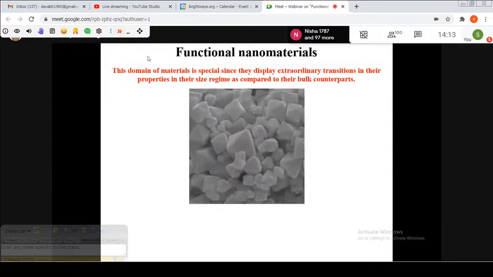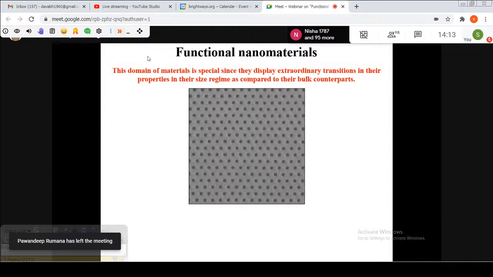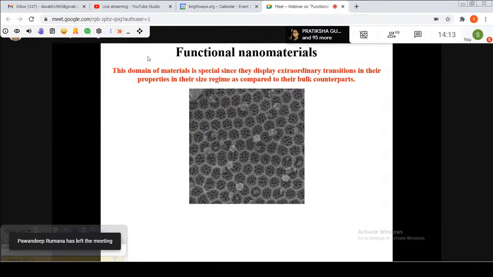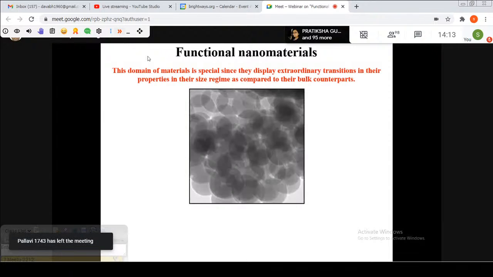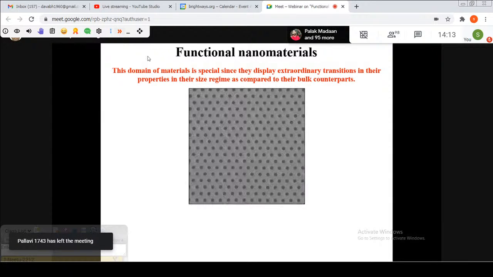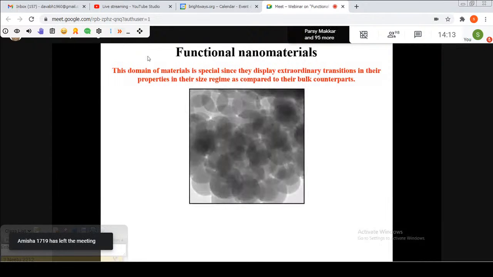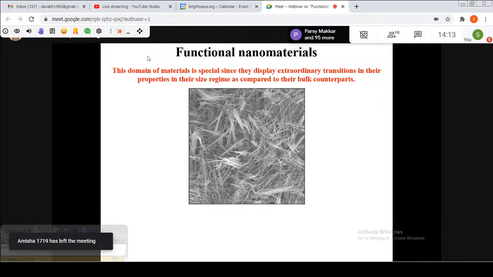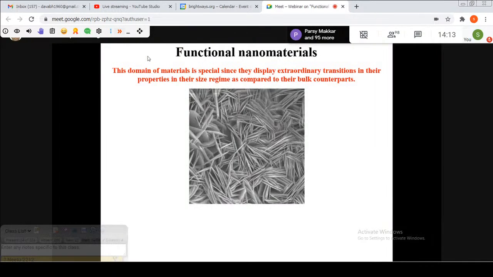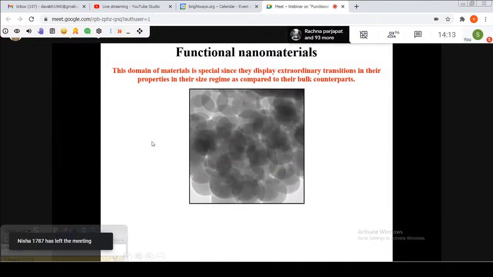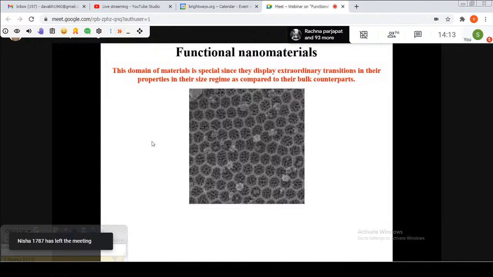So as I already told, functional nanomaterials means it's not one kind of material, but it depends on the size and some extraordinary properties.